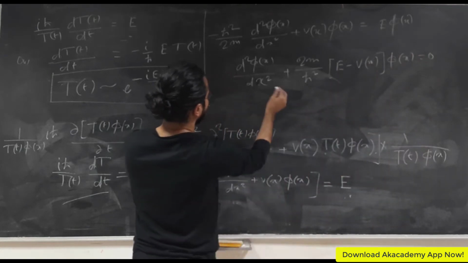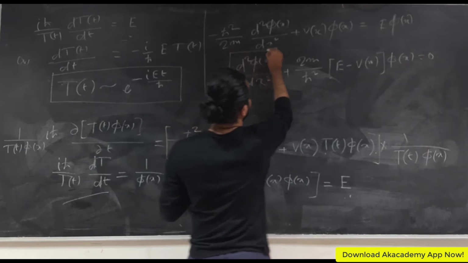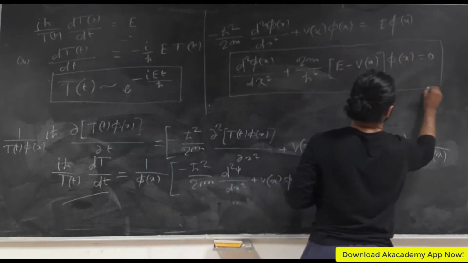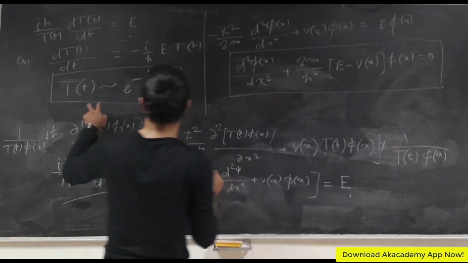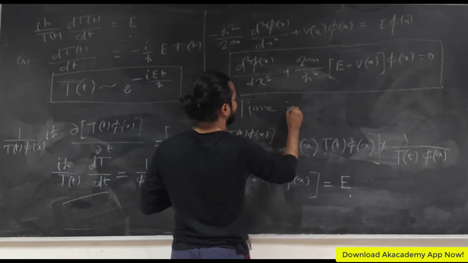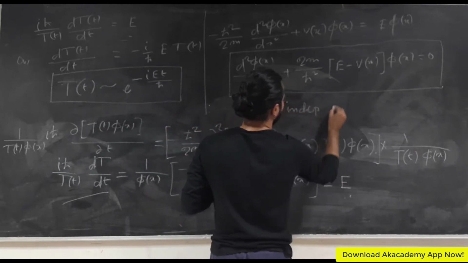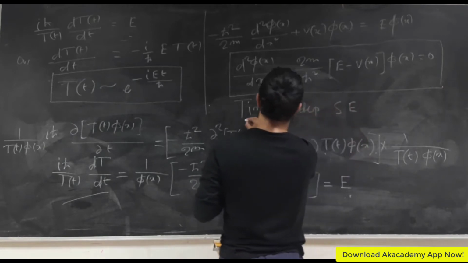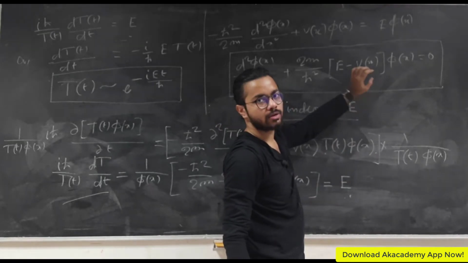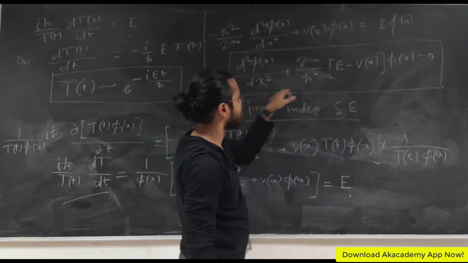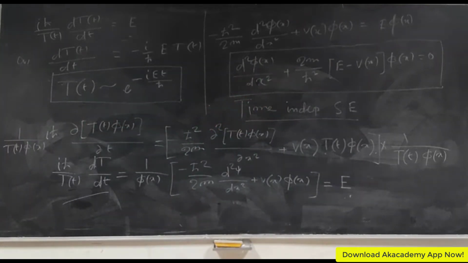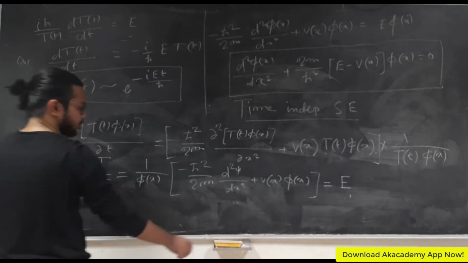So this is our time dependent part, and this is our time independent Schrodinger equation. For a particular case where the potential is given, we will solve this equation only.